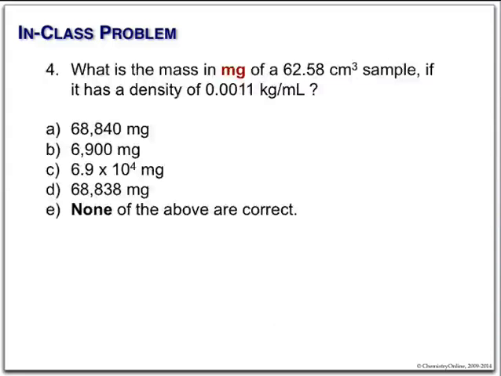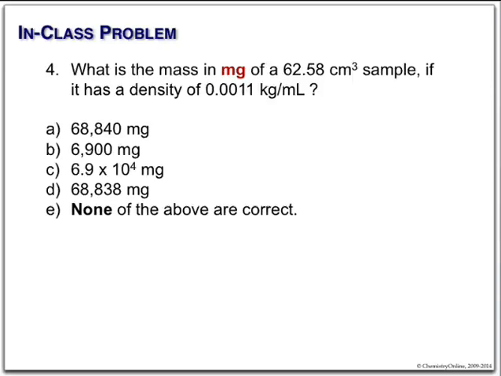We're looking for the mass in milligrams of a 62.58 cubic centimeter sample, and our density here is now given in kilograms per mil. Well, mil and cubic centimeter are the same thing. That's no problem, right?